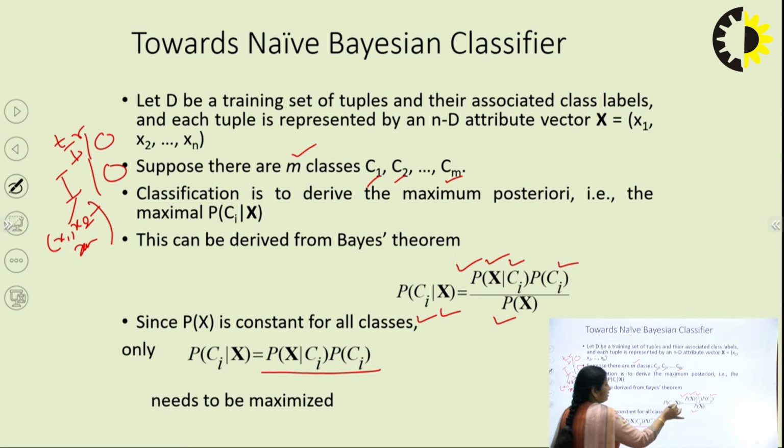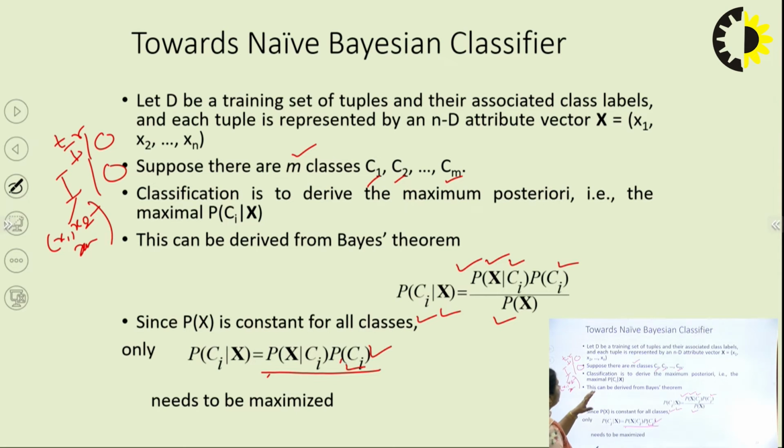So this division is not required. Now see, the probability of observation when the class is given is weighted with the prior probability of that particular class. So this is the prior probability of the class for which we are finding the likelihood.